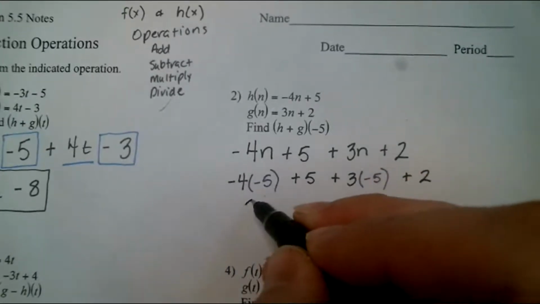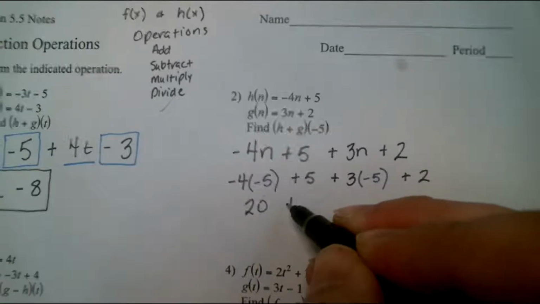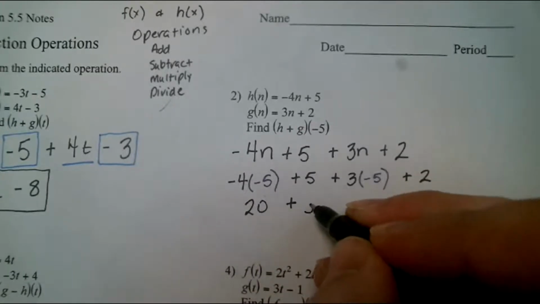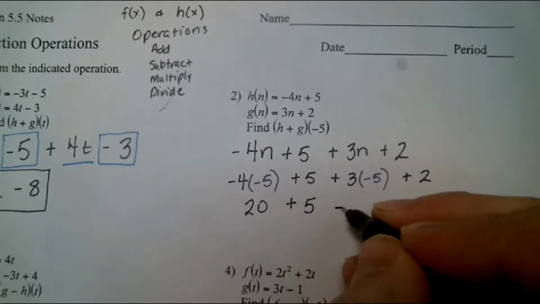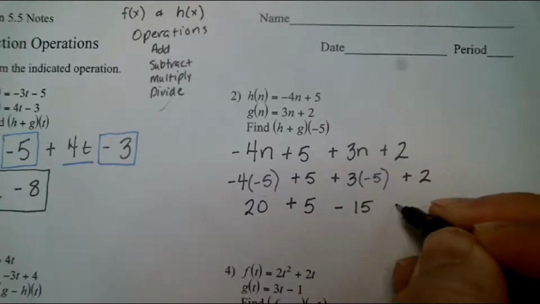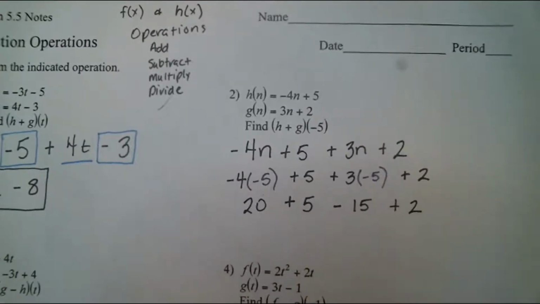So that's positive 20 plus 5 minus 15 plus 2. Is this like substitution? I guess it would be more of a step. Yes, in this part you do substitute the -5 for the n, Elena.